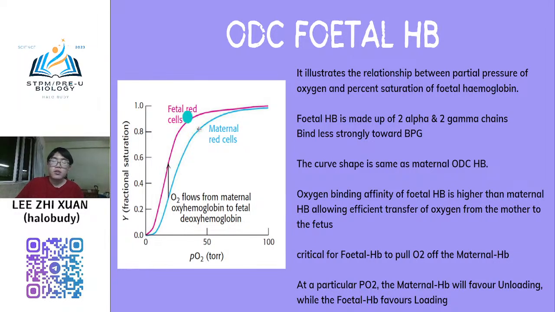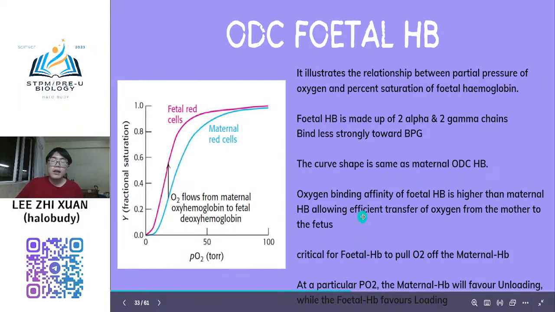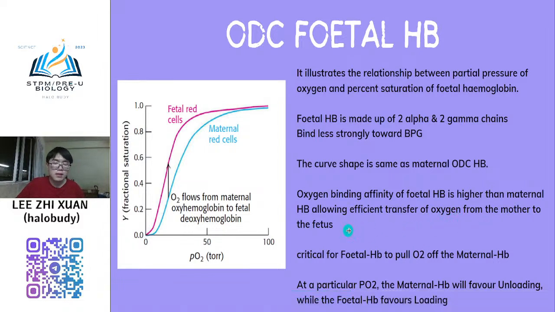To overcome it, the structure of the hemoglobin in the fetus needs to be changed. When it is changed, the oxygen binding affinity of the fetus will be very high compared to the mother's, which is quite low. Why? Because it needs to allow efficient transfer of oxygen from the mother to the fetus.